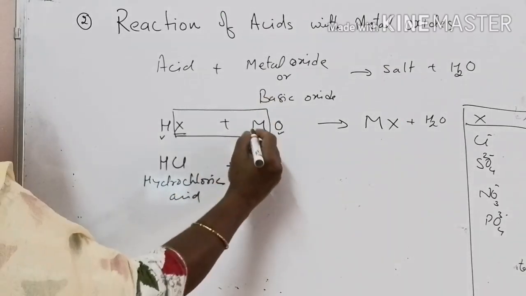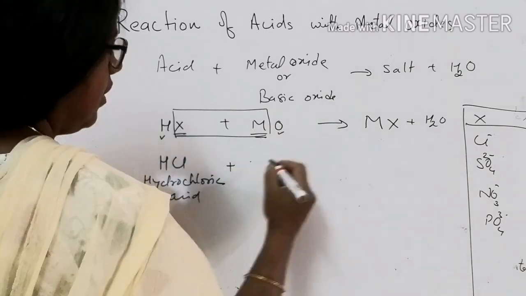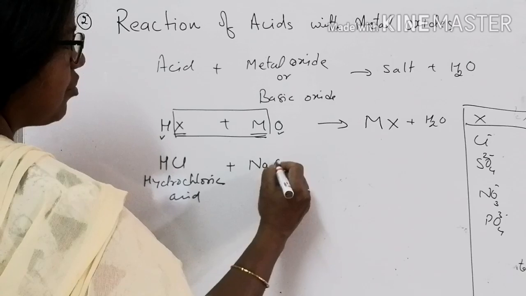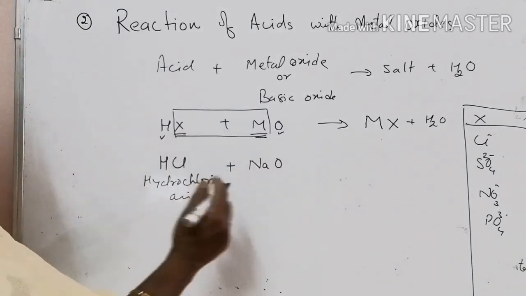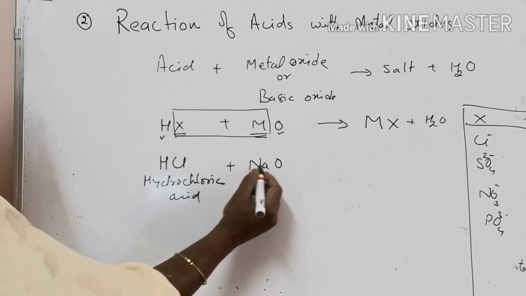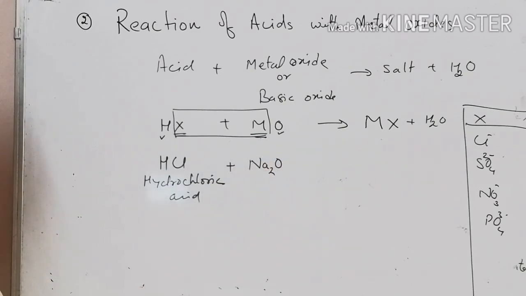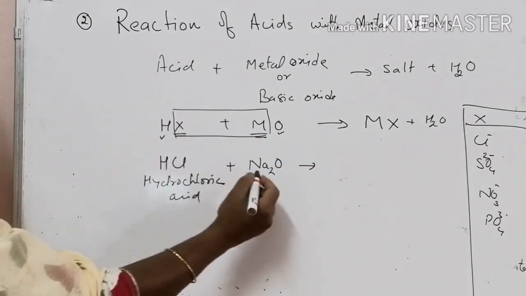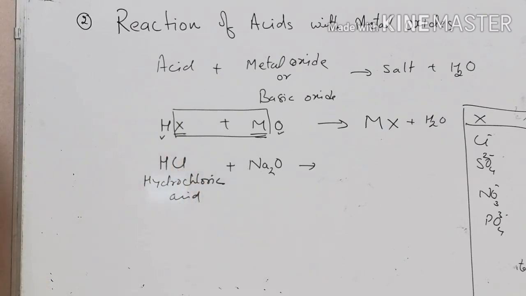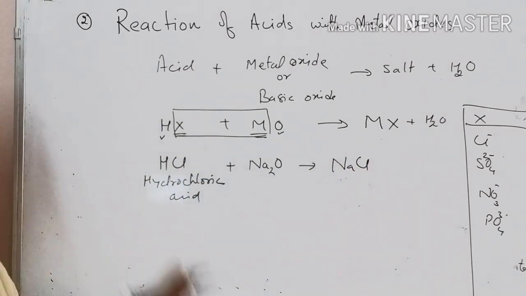It combines with a metal oxide. Let us go for any metal like sodium, which reacts with oxygen to form sodium oxide. The formula for sodium oxide, as the valency of sodium is 1 and oxygen 2, will be Na2O. Name the salt formed here: sodium combined with chlorine to form sodium chloride.